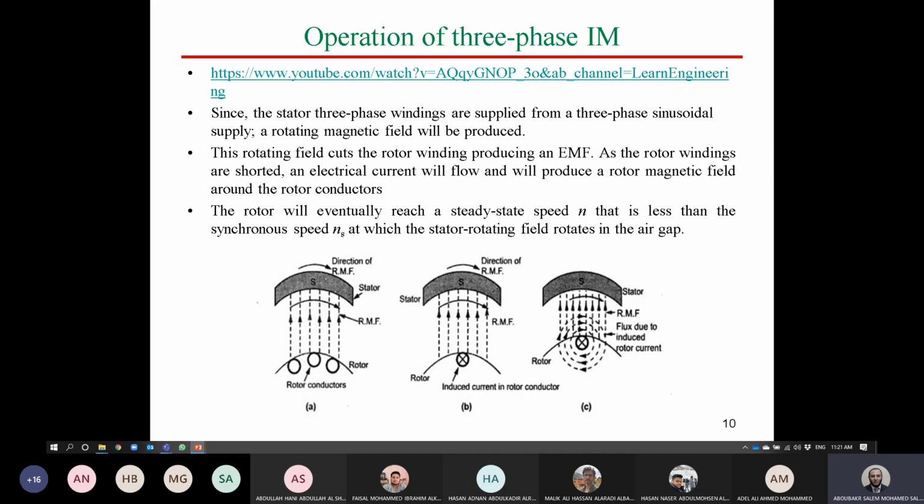Do you remember? It will light. Exactly, the bulb will light. Okay. Why? What has happened? There is an EMF, and due to the short circuit or closed path, a current will flow. The same is here, guys, because the rotor circuit is short circuit, so a current will flow.